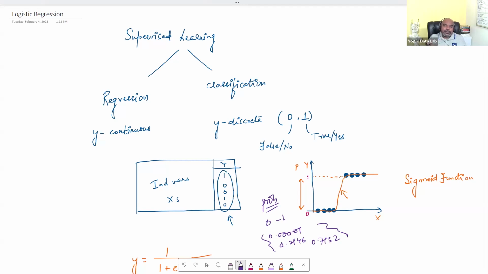So we take the simple number system. Anything which is 0.5 and above, we classify as a 1, which is rounding off. Anything less than 0.5, we classify as a 0. So this is your threshold value, 0.5. Anything above this is made a 1 and anything below this is made a 0.